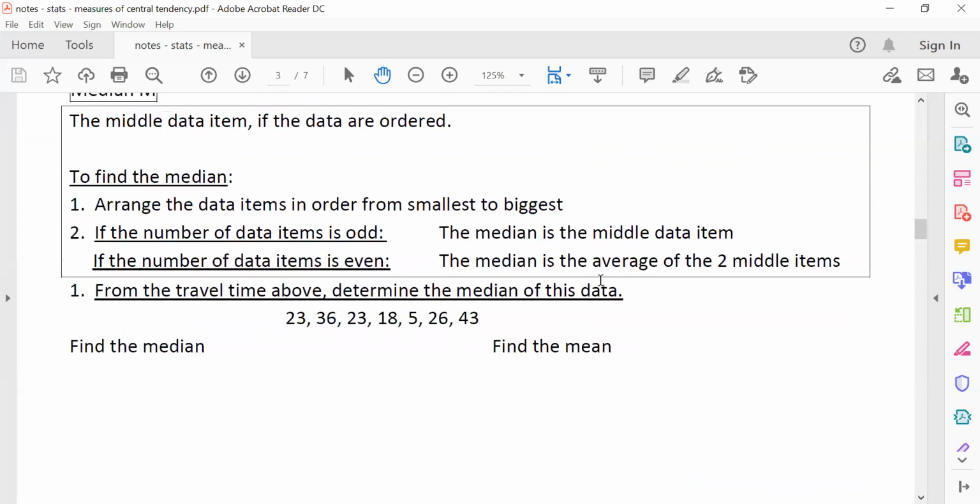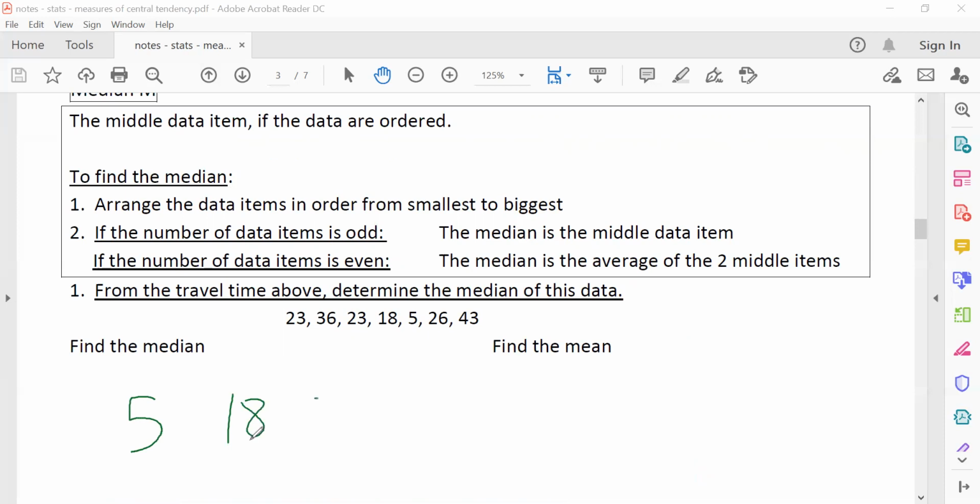Okay, so from the travel time here, find the median. We already found the mean earlier, so we don't need to do that. So here's how I'm going to do it. I need to order these data values from least to greatest. It looks like 5 is the smallest, then 18.